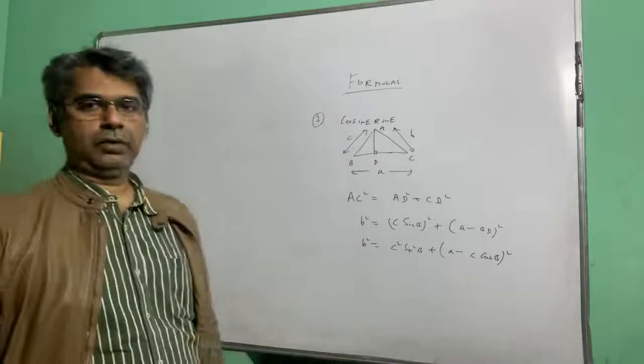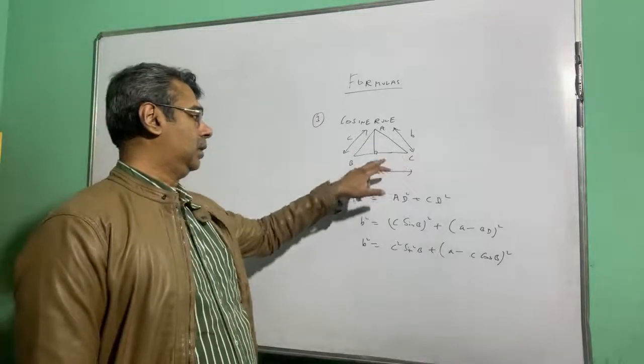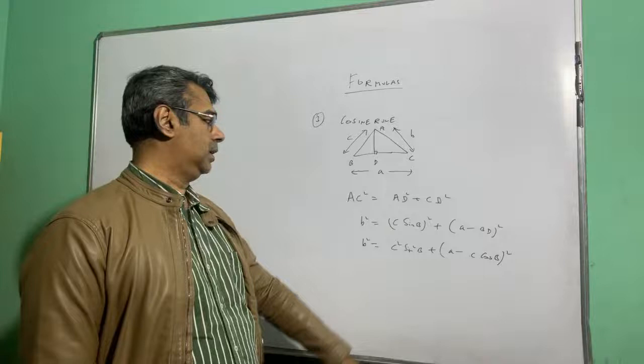Actually, for the cosine rule the derivation is something different. First you take Pythagoras: AC square is AD square plus CD square.